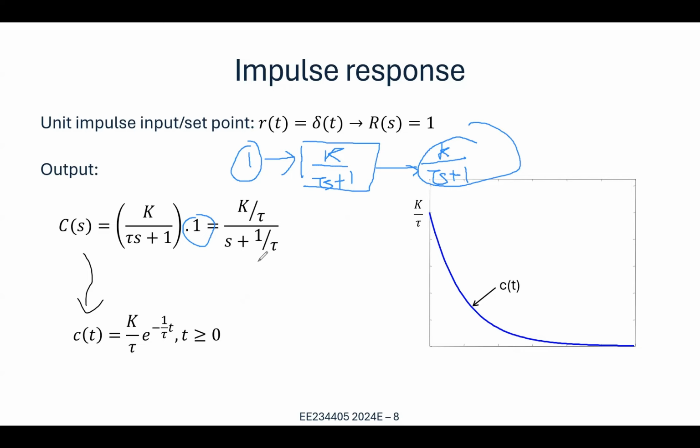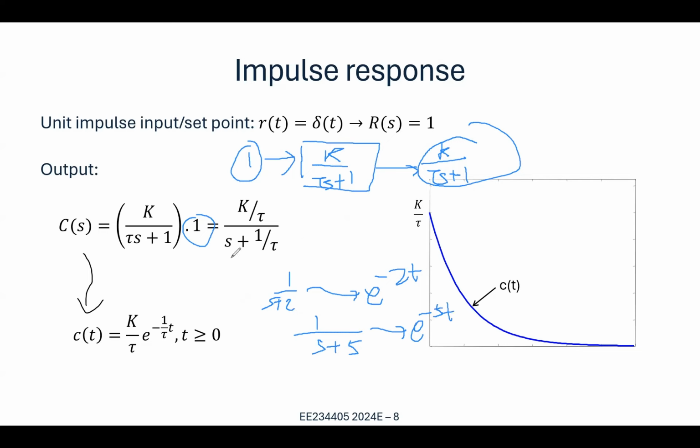So if you remember the Laplace transform or inverse Laplace transform, if we have 1 per s plus 2, well, the inverse Laplace transform here is e to the minus 2t, right? If we have 1 per s plus 5, here it's e to the minus 5t, and so on, right?